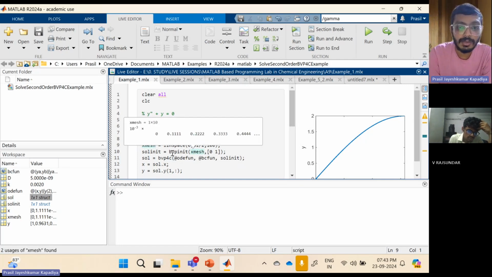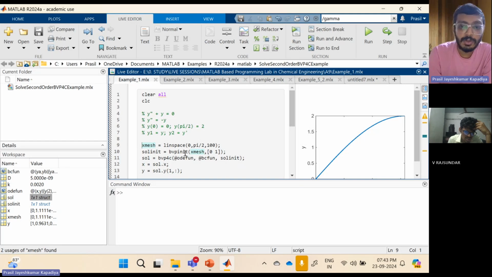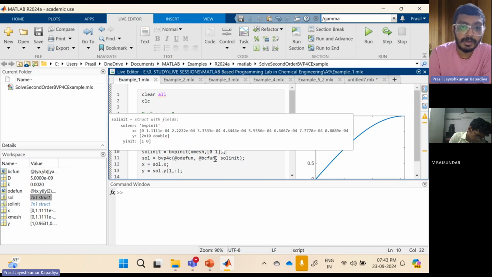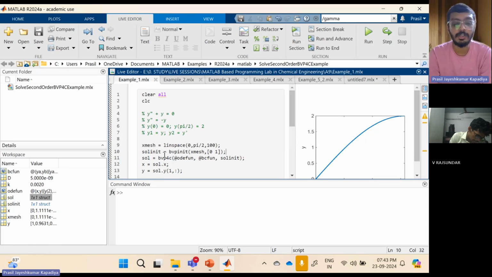Then we define our x mesh and our initial guess using bvp init, and we need to use bvp4c or bvp5c, the fourth order or fifth order method, where we need the ODE function, the boundary condition function, and the bvp init part.